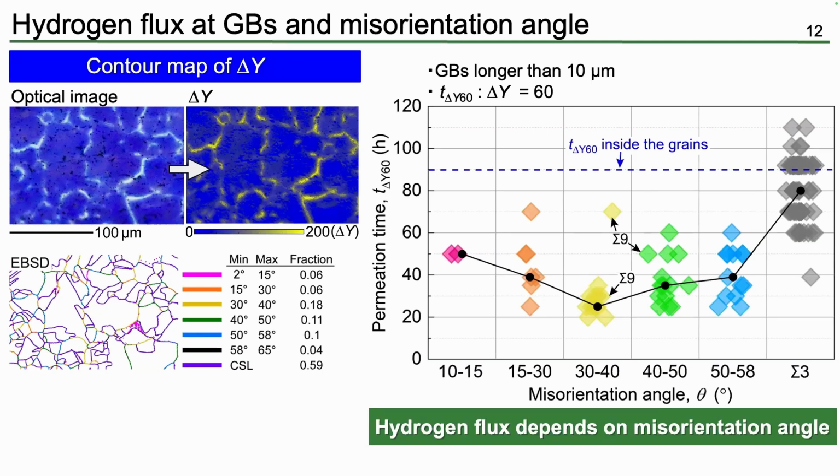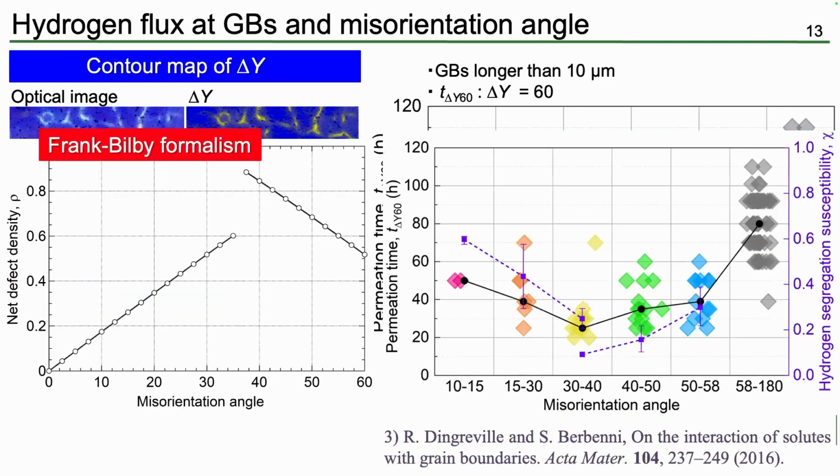Among the random grain boundaries, the misorientation angle of 30 to 40 degrees shows the highest hydrogen flux. So based on the Bilby formalism, the net defect density of the grain boundary depends on misorientation angle, and it becomes highest at 37 degrees.